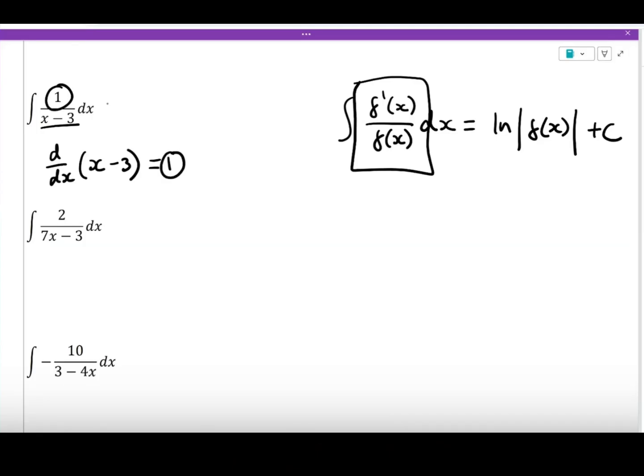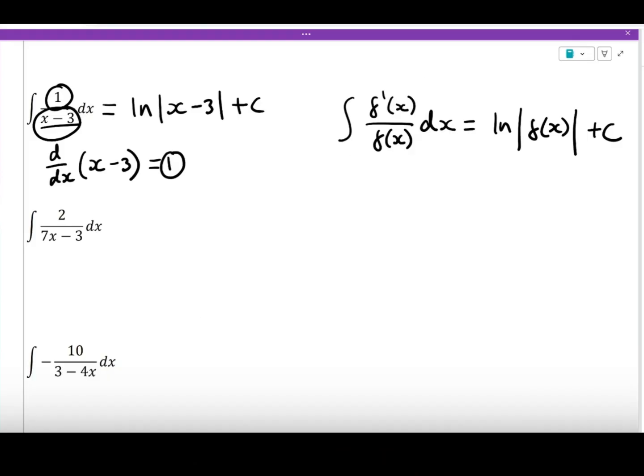Therefore, my final answer is going to be the natural logarithm of the modulus of my denominator, x subtract 3, and then, of course, plus c. We wouldn't need to write any other value in front other than 1 because the denominator, when differentiated, gave exactly the numerator.